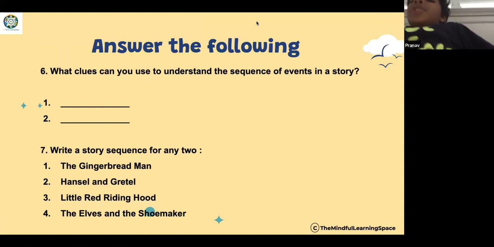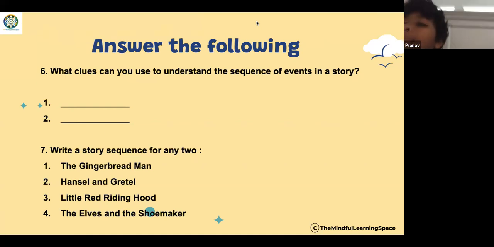So the gingerbread man. One day, a couple was making a gingerbread man. When it was done, they took it out, and it was moving. He ran and ran as fast as he could. Nobody could catch him. Not the cow, not the dog, not the pig, and not the students of the school.